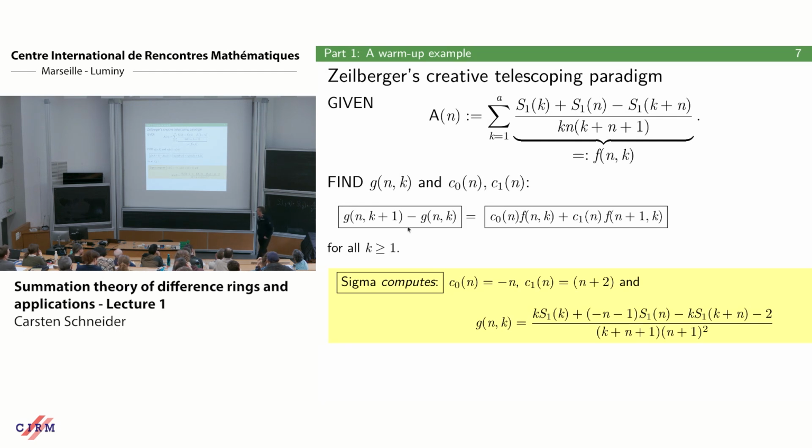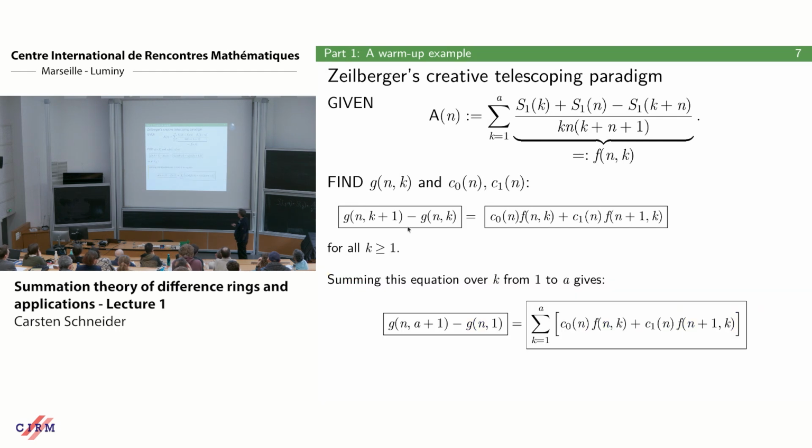So, okay, we find that solution, we verify it, and now we sum over k from 1 to a. Then on the left-hand side, we get just again the telescoping trick. Everything vanishes except the upper bound plus 1 minus the lower bound. And on the right-hand side, you get this fancy sum. This looks ugly, right? But I use the linearity.